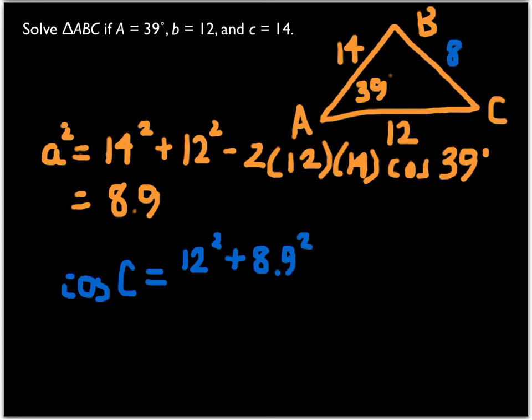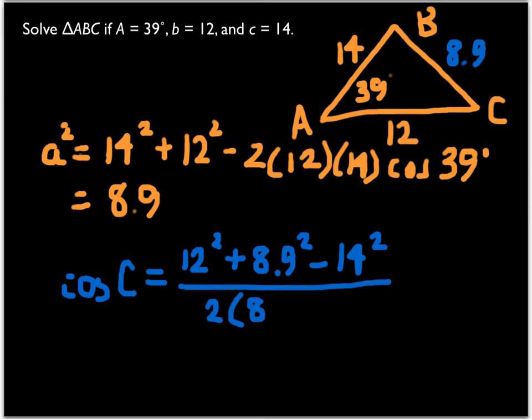That's this side right up here. And then I'm going to subtract that opposite side squared, so that's minus the 14 squared, and then divide it by 2 times my two adjacent ones again. 2 times 8.9 times 12. And when I do that, I get a weird decimal like 0.127. That's not your angle, remember, that's the cosine of that angle.